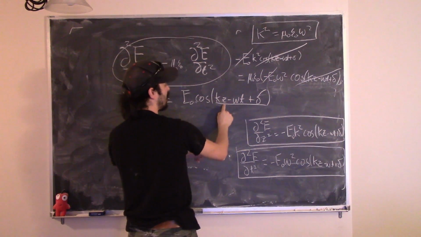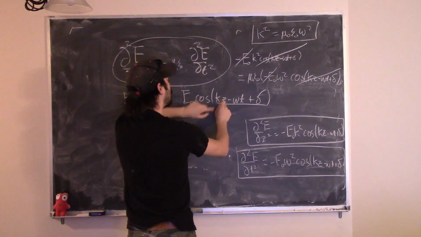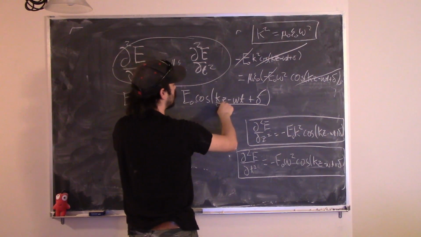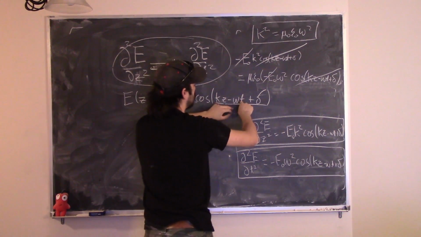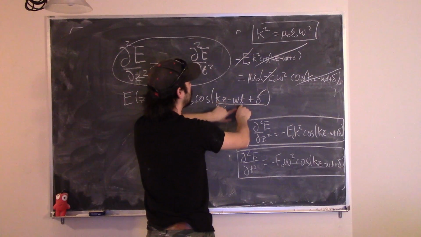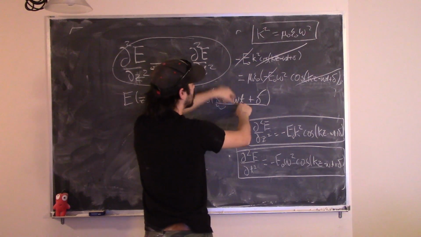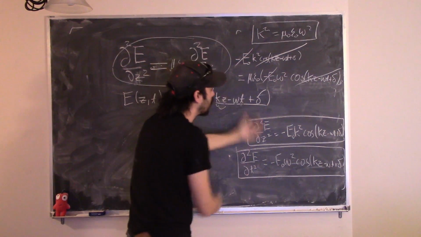We know that z has units of meters. So in order for this to be dimensionless, k has units of 1 over meters. T has units of seconds, so in order for these to multiply together to get something dimensionless, omega has to have units of 1 over seconds.